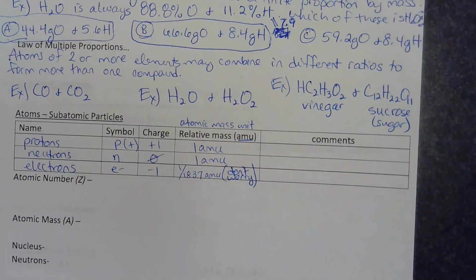Just don't count it. Don't worry about the mass of an electron. It's so small, it's definitely not a participant in the mass game. It's negligible is the word we use. Not enough there to worry about.